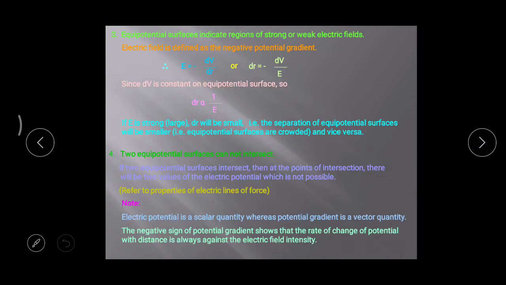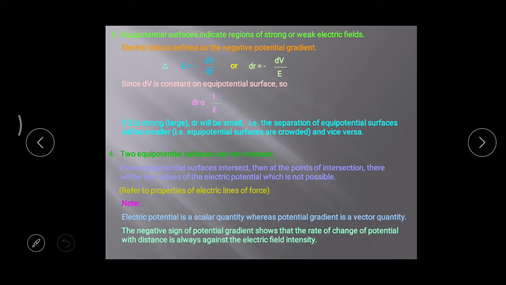The third property is that equipotential surfaces indicate regions of strong or weak electric fields, that we had shown in the figures also, where the electric field is strong, the equipotential surfaces are crowded, and in the regions of weak electric field the gap between equipotential surfaces is large. This property can be proved by taking the relation between E and V, given by E equal to minus dV by dr. Here dV by dr is the potential gradient, and it is equal to the negative of the electric field intensity.